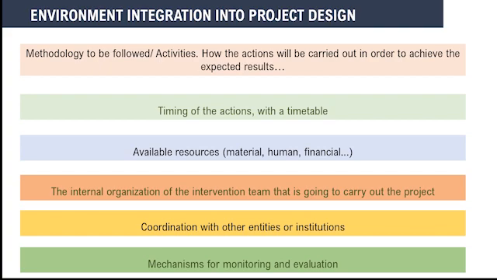Which will be the timing of the actions with a timetable, because this will also allow us to foresee, for example, in which season our project or our activities will happen, so that it can be planned in advance to reduce the negative impact of our project. Then the available resources: the material, human, and financial resources, the internal organization, and the intervention team that is going to carry out the project.